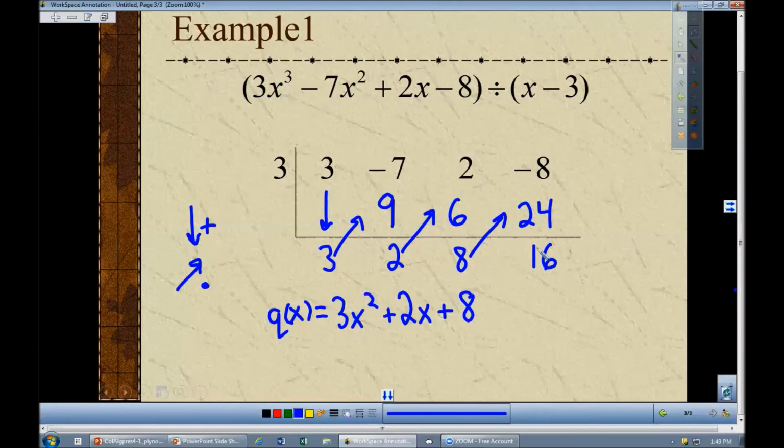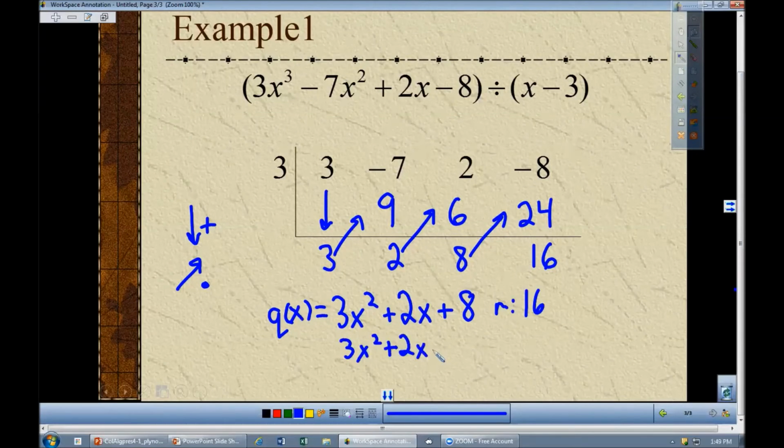And what am I going to do with this number here? This is our remainder. We can write remainder 16. Another option is to write 3x squared plus 2x plus 8 and add 16 over x minus 3.